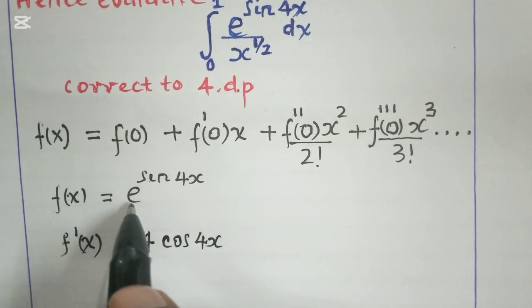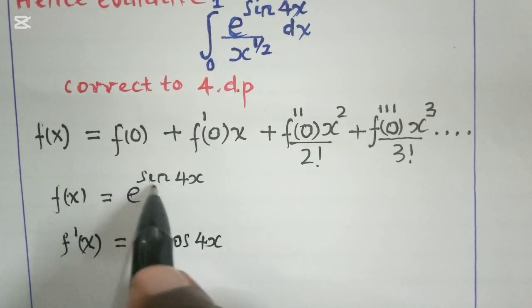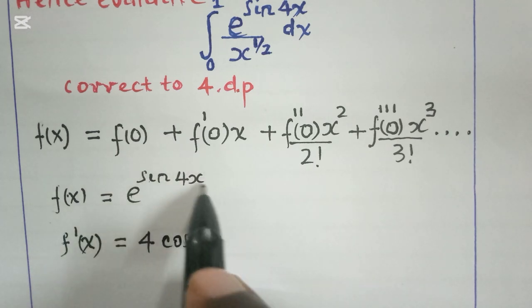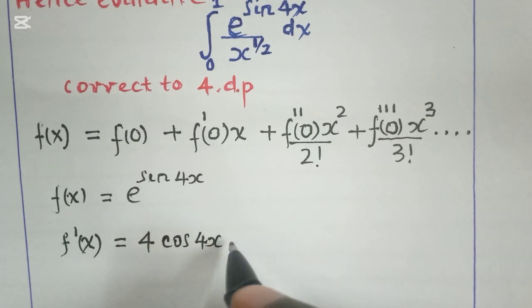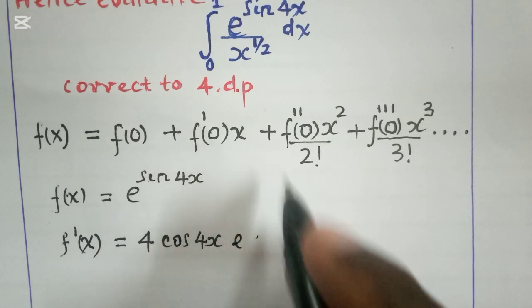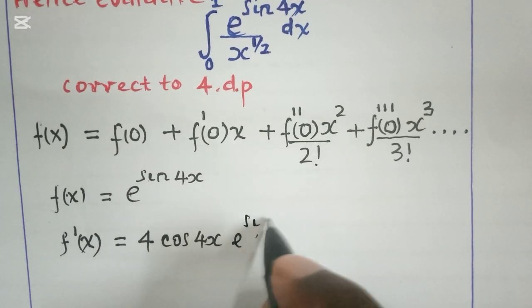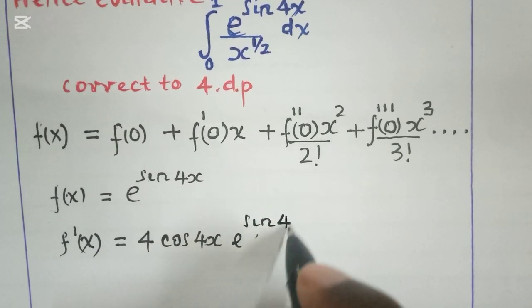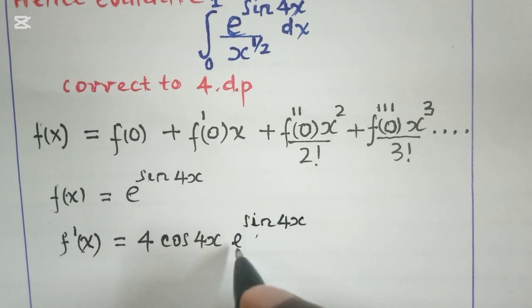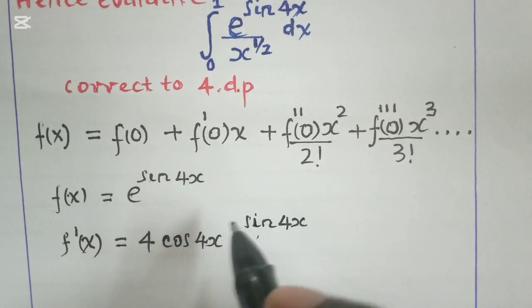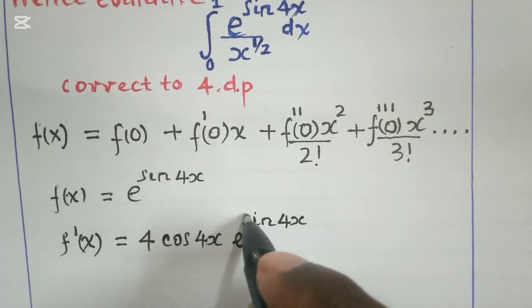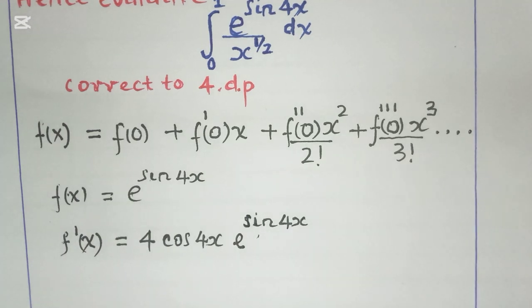And then we differentiate e raised to sine 4x, assuming that sine 4x is u. So now it is going to be e raised to u, and our u is sine 4x. So we shall have e raised to sine 4x. So guys, what I have done is differentiate using the chain rule, only that I have done it in a shortcut way. But try and differentiate using the chain rule and see what you shall get.